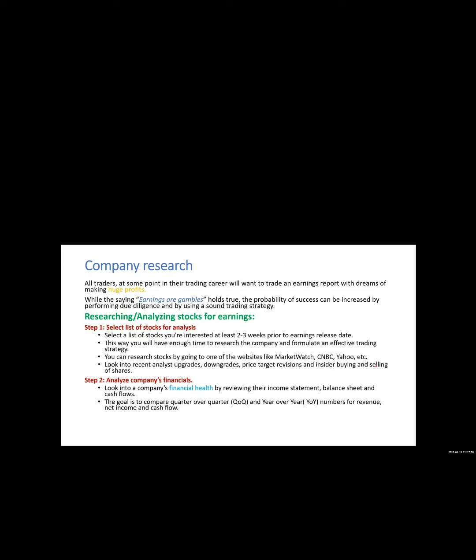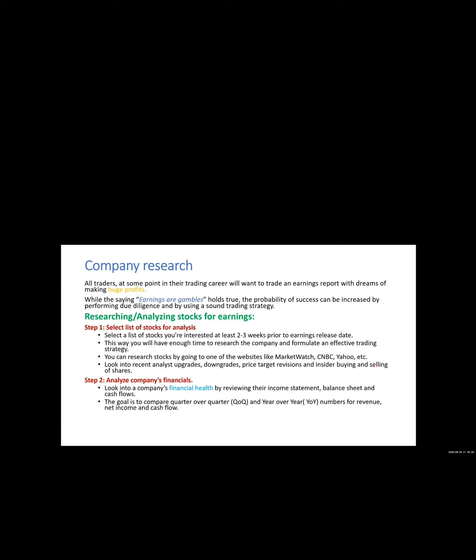And another very important thing is insider buying and selling trends. So if you constantly see insiders buying shares like 1 month prior to earnings or 2 months prior to earnings, then that shows that the insiders are confident that the company has good upside potential. If not now, in the near future.